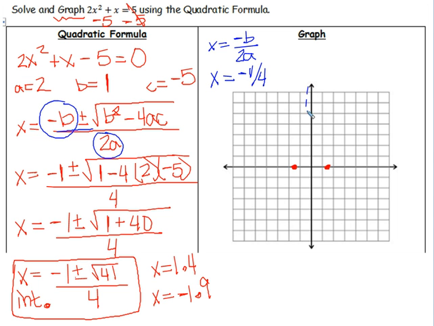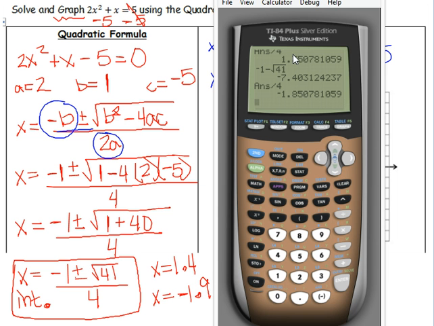So maybe we'll draw our axis of symmetry at -1/4, somewhere right there. But I've got to figure out the y value, because I don't know if the vertex is up top or at the bottom. So let's plug this x value into our equation: 2 times -1/4 squared plus -1/4 minus 5. Let's check it out.